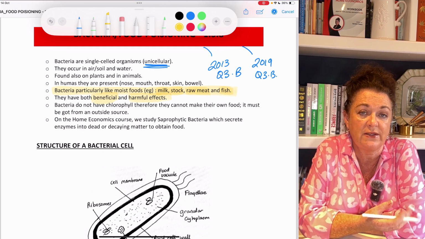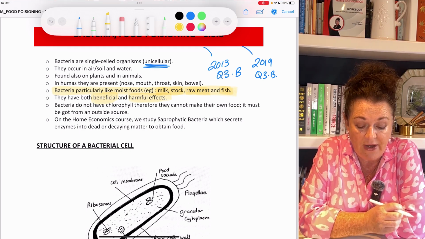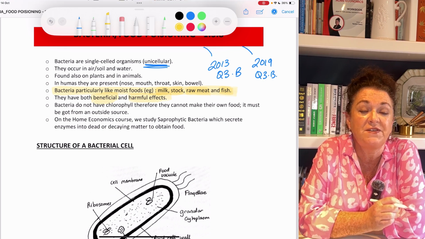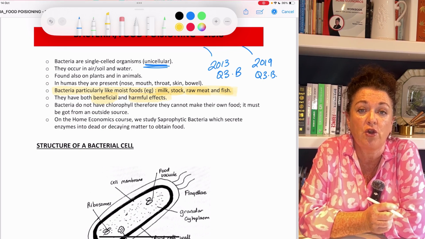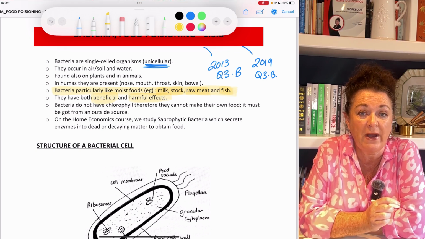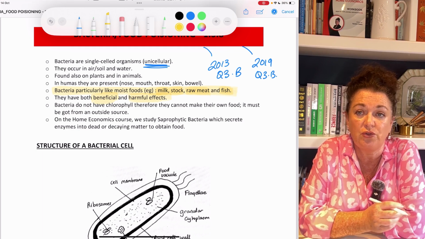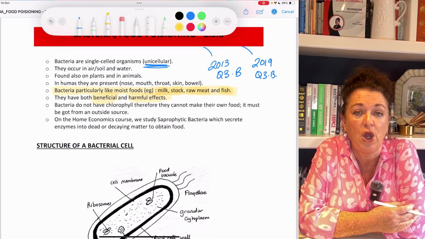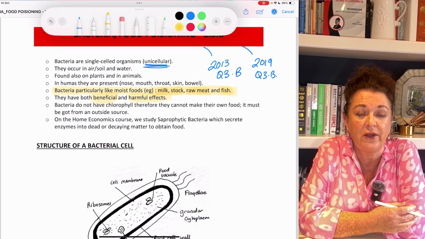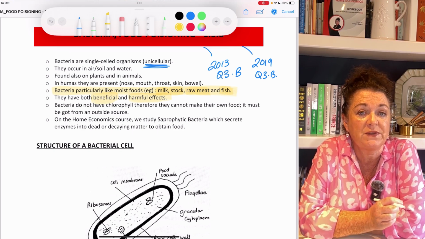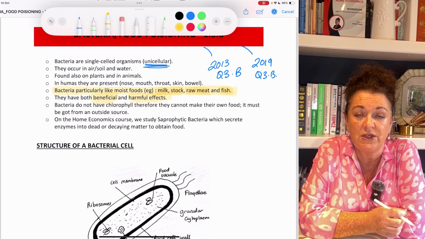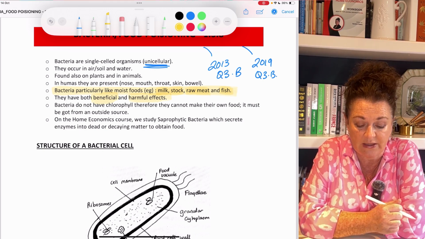Just to give one example for each, a beneficial role of bacteria is that it's used in stage 2 of vinegar production. Remember, acetobacter added to cider, to red wine, and we get our vinegar. We also will have bacteria like, remember, Lactobacillus helveticus in the production of cheese, converting lactose to lactic acid.